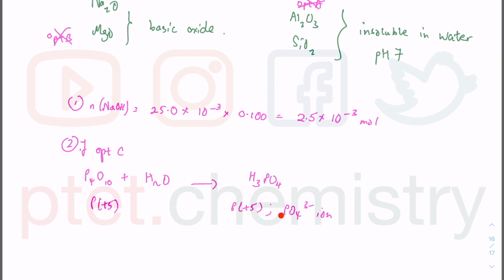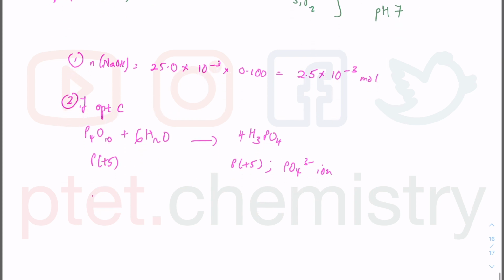This is not a redox reaction, it's just the P4O10 getting hydrolyzed in water. Of course, every equation you write has to be balanced. There are 4 phosphorus, and now there are 12 hydrogen, so 6 times 2, which is 12 hydrogen, and 6 oxygen plus 10 oxygen, so 16 oxygen. Having done that, I know it's H3PO4.